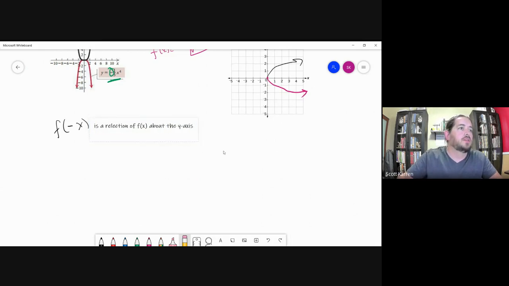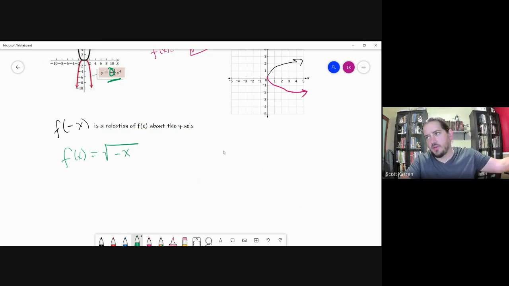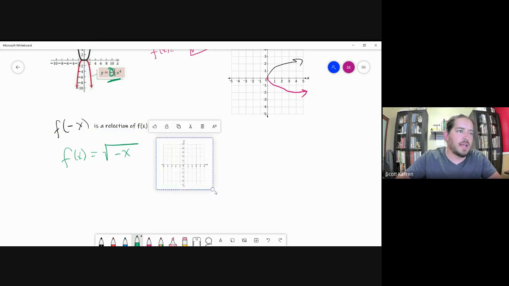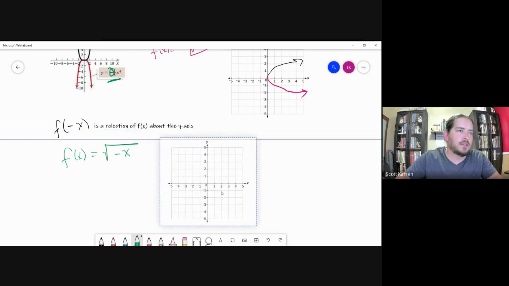Right? So what am I talking about here? Well, if I have f of x equal to the square root of negative x, now all of a sudden x can't be positive, because if it is positive, that negative makes it a negative under the square root. So the only ones I can use are negative x values, because the negative negates the negative, turns it positive, and so that does indeed flip it about the y-axis.